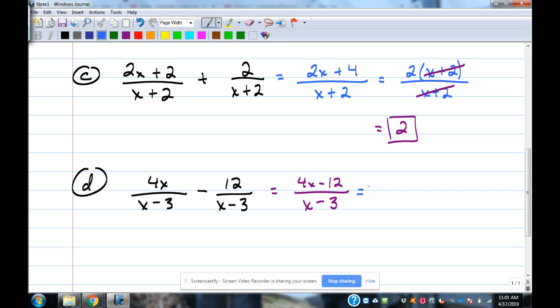The numerator can factor as a 4, the GCF. And then same thing happening here. The x minus 3s are canceling. The plain old 4 is what we've got left.